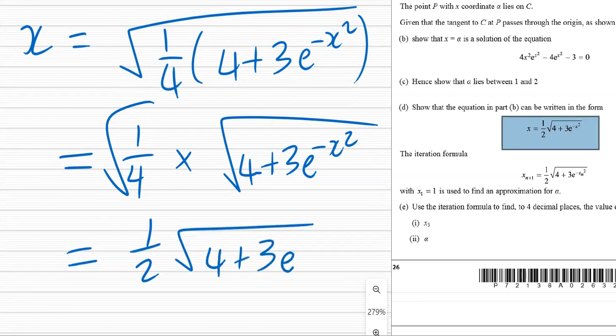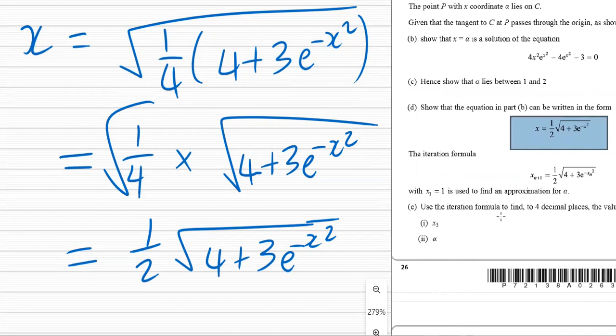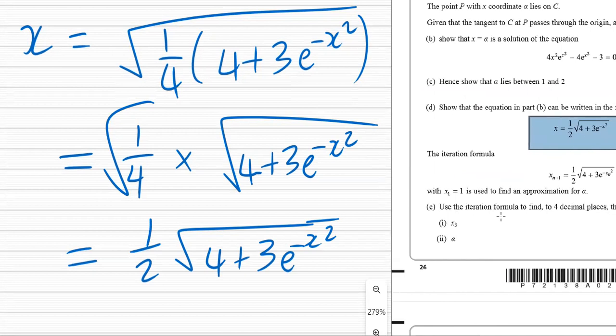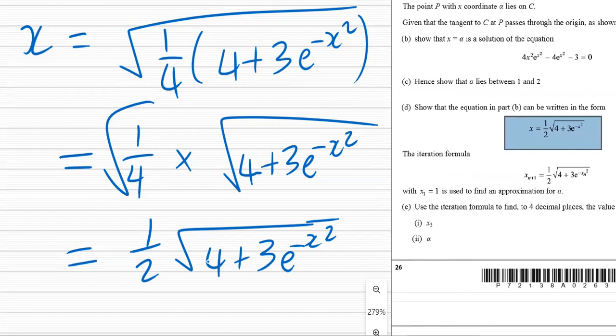Okay, so a little bit of algebraic rearranging. Once we've got there, we can move on to the next part of the question. Once you've proven that it can be written in this form, we can start setting up our iteration.